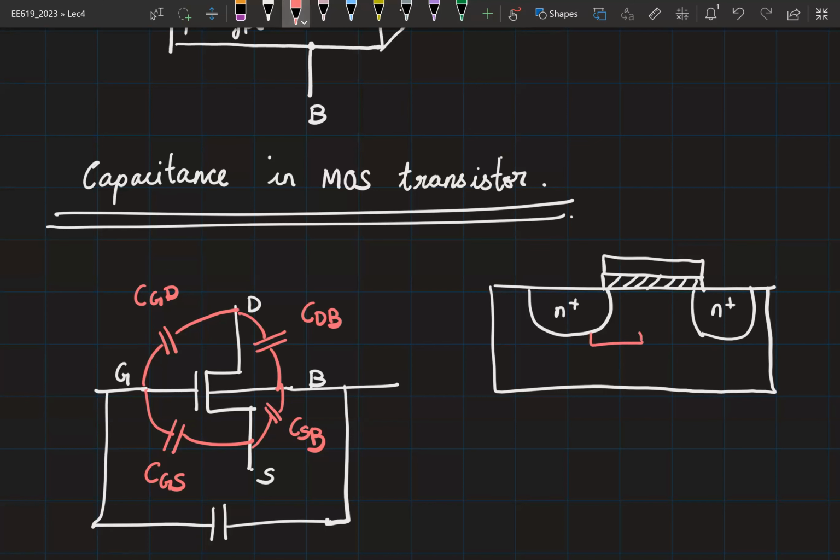So you have a channel in between. So this capacitance can be broken in terms of the channel capacitance. Okay, and I'll show you how it is done.